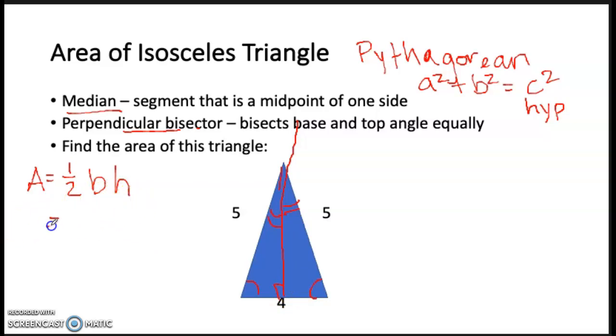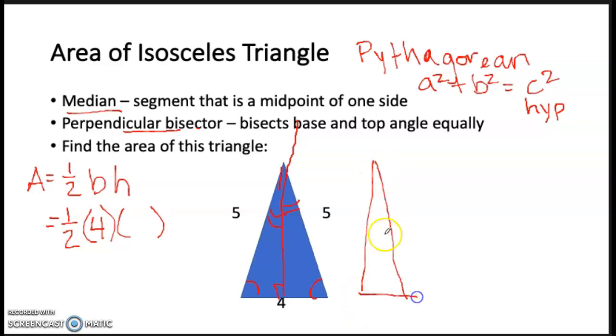So far, I know that I'm going to calculate 1/2 times the base 4, but I don't know what the height is. So I'm going to pull one of these right triangles out, and I'm going to solve for this h value, this height. My hypotenuse is 5, and my base is 1/2 of 4 because I just bisected my base.